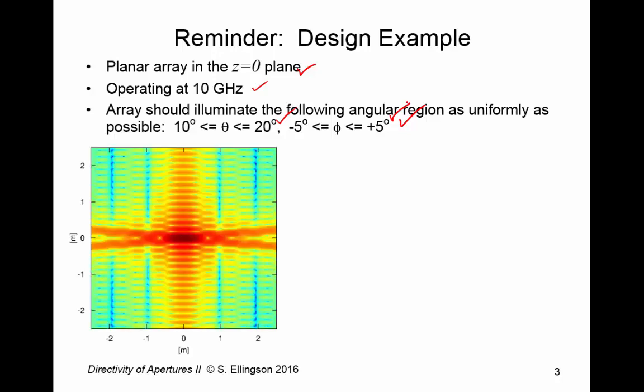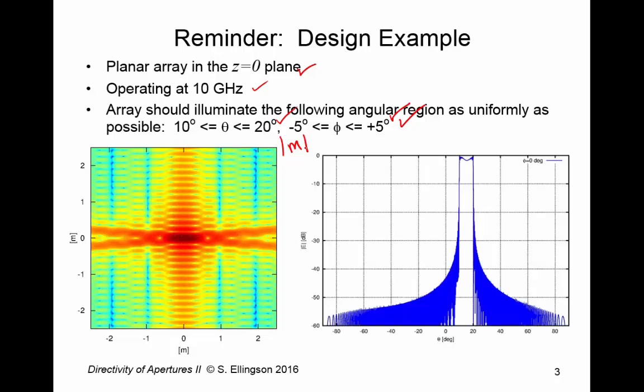This was the aperture distribution that we came up with. This is the magnitude of the magnetic currents that we derived as the answer to this problem. And then to obtain a phased array, of course, we would just simply sample this aperture respecting the Nyquist criterion, and those would become the weights of the elements in the phased array.